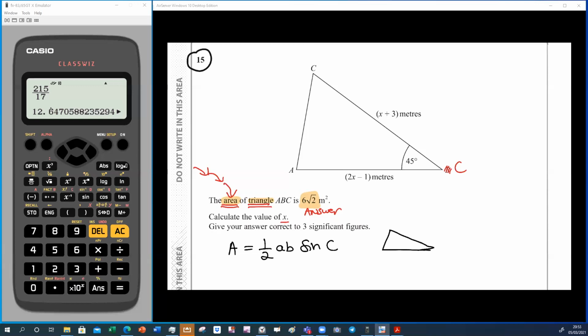Lovely. What is the A and the B then? The x plus 3 meters and 2x minus 1. So then that actually matches our formula.